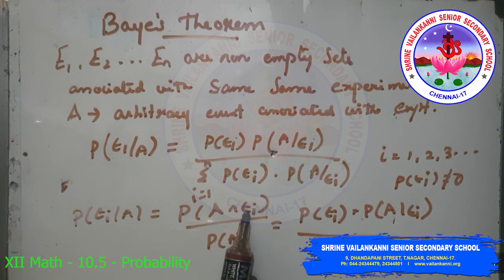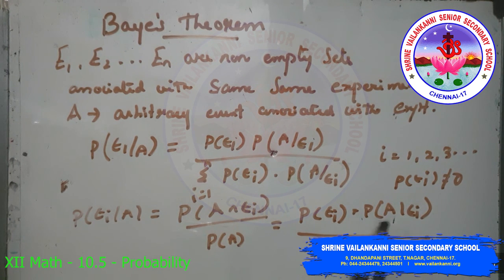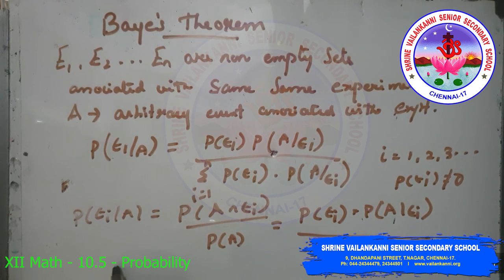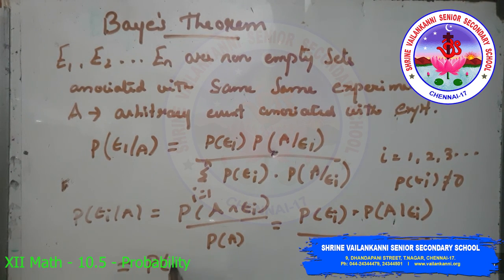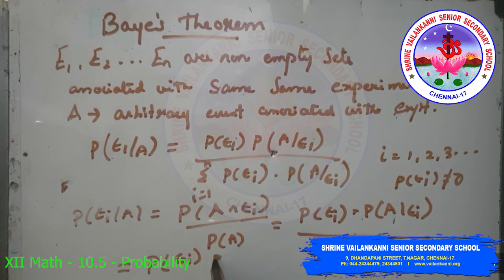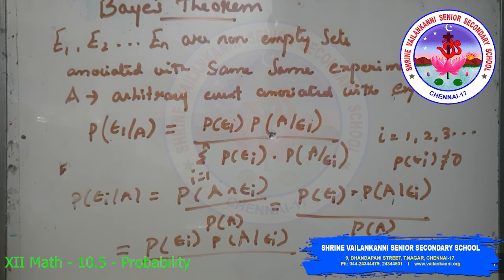So we are writing P(A intersection Ei) as P(Ei) P(A|Ei), divided by P(A), which is equal to P(Ei) P(A|Ei) whole by P(A), the law of total probability: the sum from i equal to 1 to n of P(Ei) P(A|Ei), by the result of the theorem of total probability.